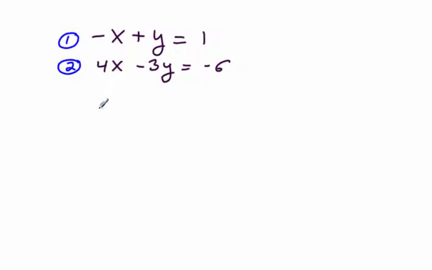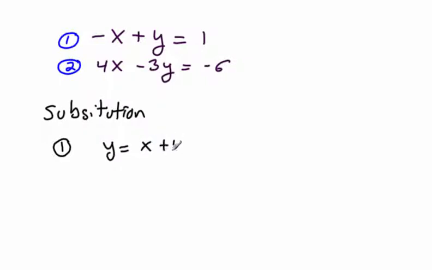Now the first method to consider would be just a simple substitution. In this case, we will solve for x or for y in one equation and substitute it into the other. So I will take equation 1 and solve for y, and know that y is going to be equal to x plus 1.